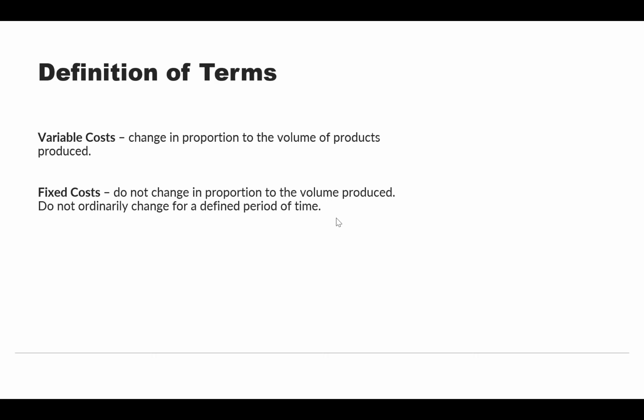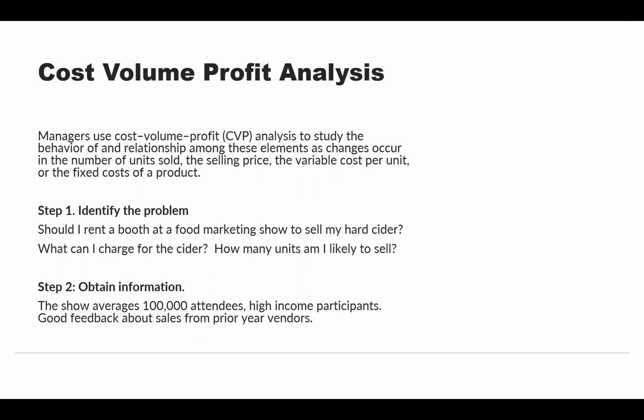Understanding the difference between variable and fixed costs is very important for doing this cost volume profit analysis. You use cost volume profit analysis to study the behavior and relationship among these elements as changes occur in the number of units sold and the selling price.